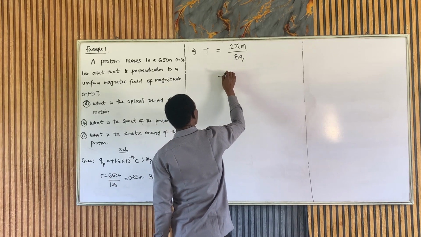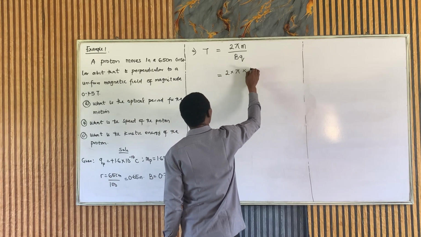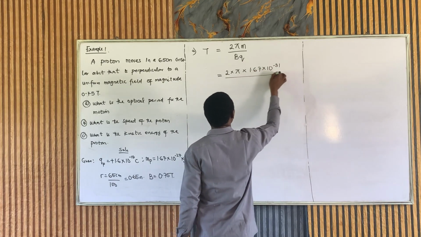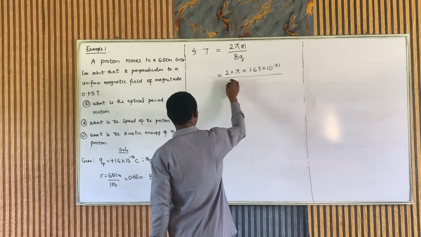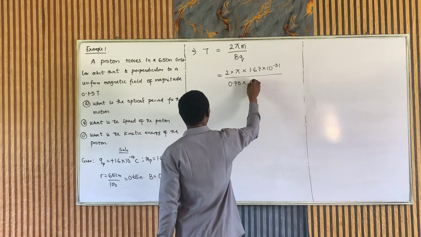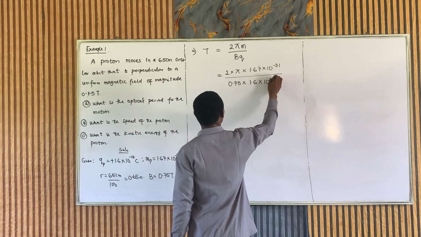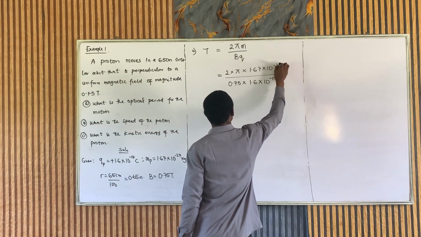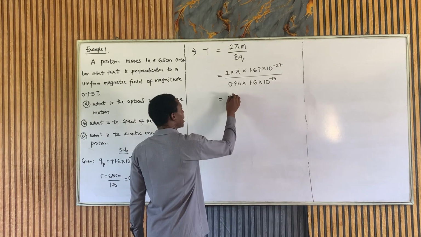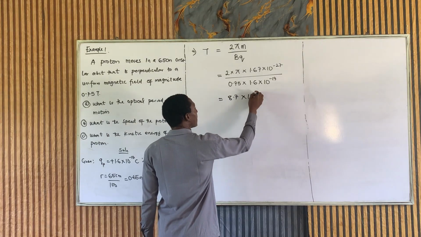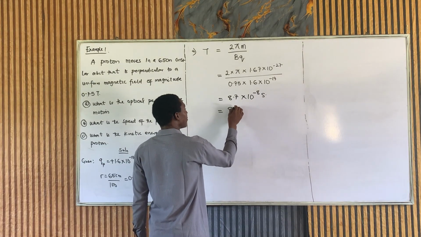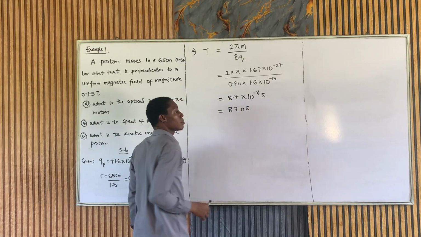In that case, this will give us 2 times pi times the mass of the proton, 1.67 times 10 raised to the power minus 27, divided by B and Q. The B is 0.75 times our Q, which is 1.6 times 10 raised to the power minus 19. So if we do this, we get that the period is 8.7 times 10 raised to the power minus 8 seconds. And this can be written as 87 nanoseconds.